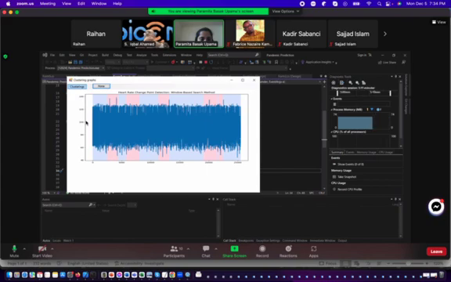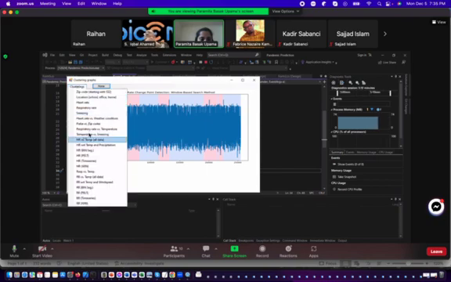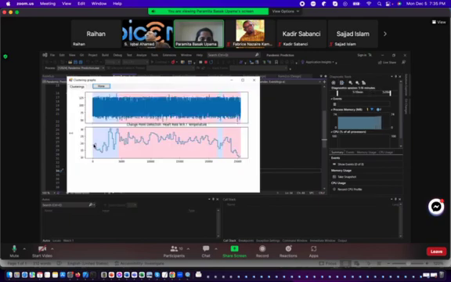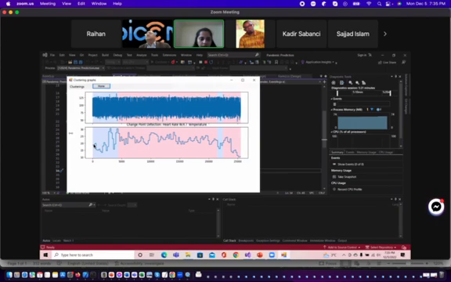Now if we go to HR versus temperature, yeah, this one, you can see how the heart rate changes when the temperature changes.